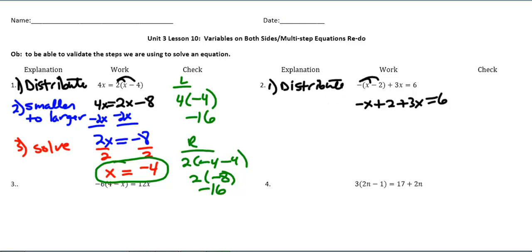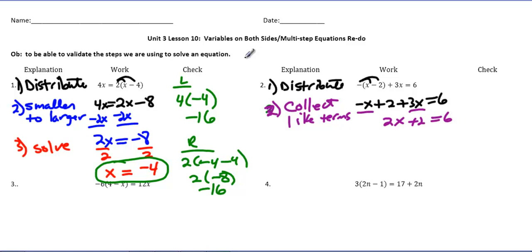Step number 2, oops, it's supposed to be purple, sorry. Step number 2 here is to collect like terms. Also part of simplifying, so I have negative x and 3x, that's 2x, plus 2 equals 6.